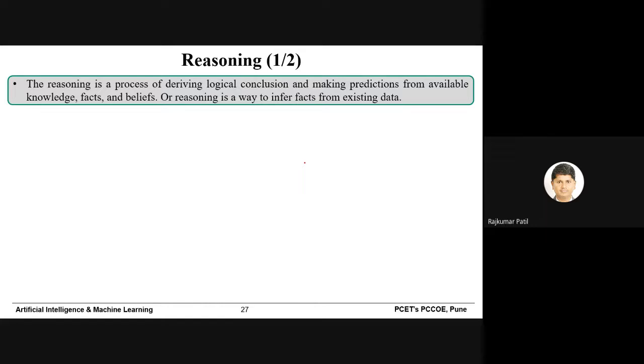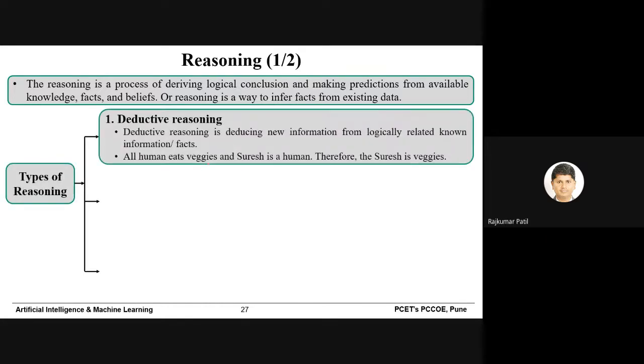Again, there are different types of reasoning. Okay, so we will see one by one. First one is deductive reasoning. So what we do in deductive reasoning is that new information is derived from logically related known facts. For example, suppose we know one fact that all humans are vegetarian, and we also know that Suresh is a human being.